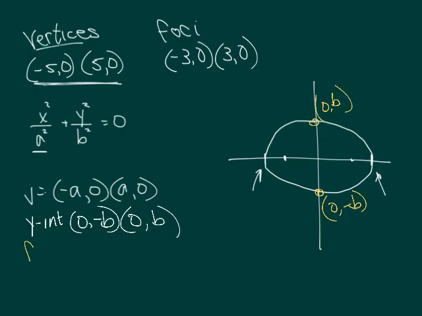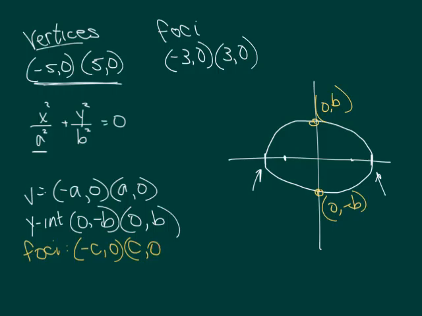My foci are -c, 0 and c, 0. So my foci are saying I've got -3, 0 and 3, 0. So what is my c then? My c is going to be the number 3, because I said it right here. So -3, 0 and 3, 0 is my foci, and that's all I've got.